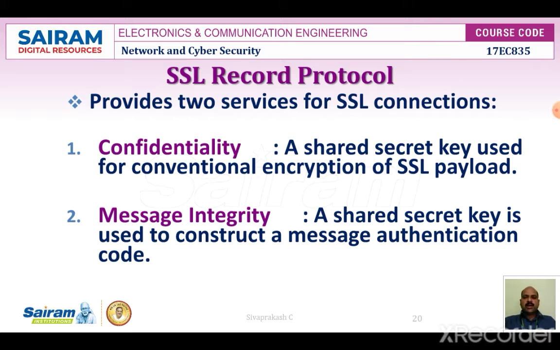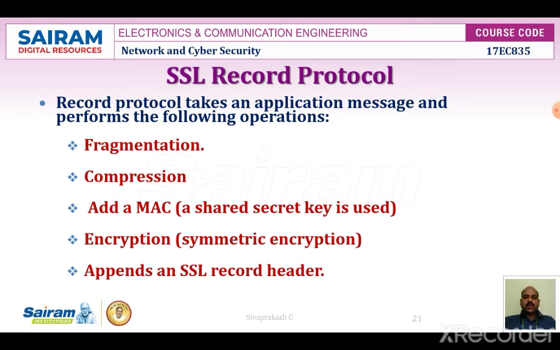Let me see how the SSL record protocol takes place here. The record protocol takes an application message and performs the following operations. First, it does the fragmentation. Next, compression of this particular block and adding a MAC; that is, a shared secret key is used and appended, and then it goes through an encryption process.